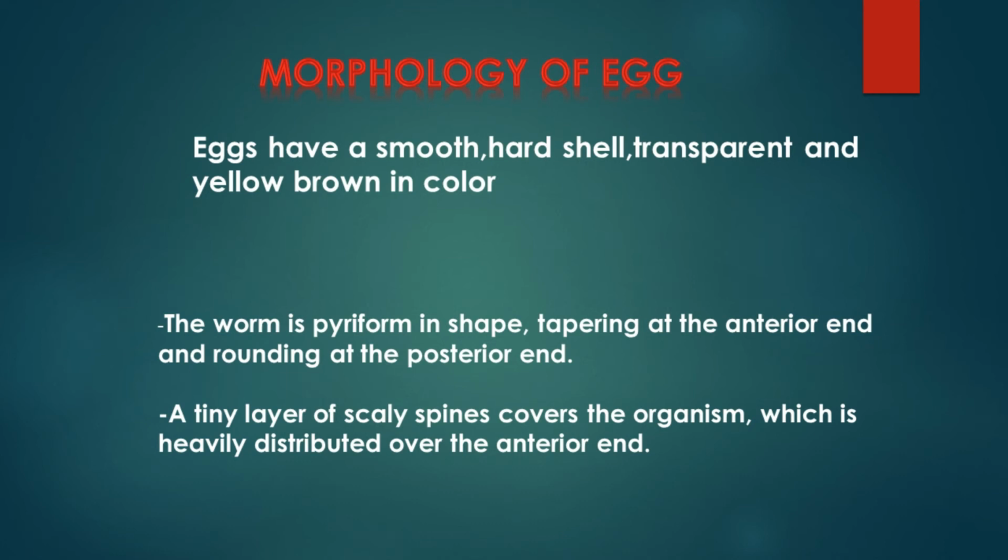Members of the genus Metagonimus can be identified by the position of the ventral sucker and genital opening, which are fused and displaced to the right of the midline of the body. The testes are close together at the posterior of the body, where one is slightly anterior to the other. The ventral sucker is larger than the oral sucker. Morphology of the egg: eggs have a smooth, hard shell, transparent and yellow-brown in color.